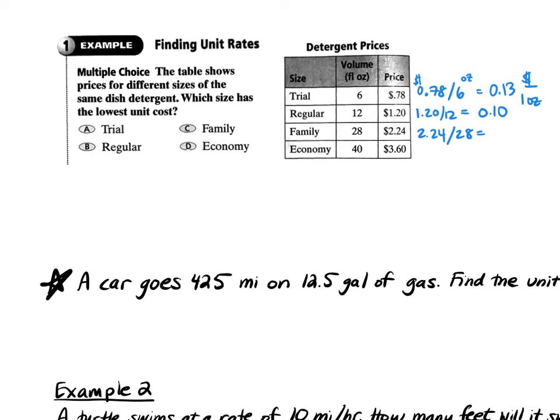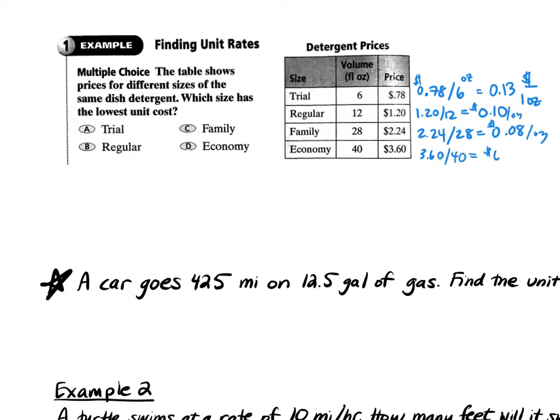Okay, this is going to be 8 cents an ounce per ounce, and then let's see, do we think the economy is going to be the cheapest per ounce? 360 divided by 40, 9 cents an ounce.